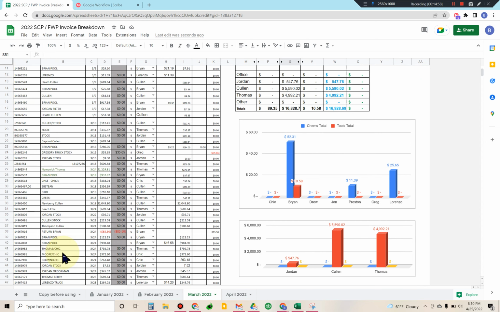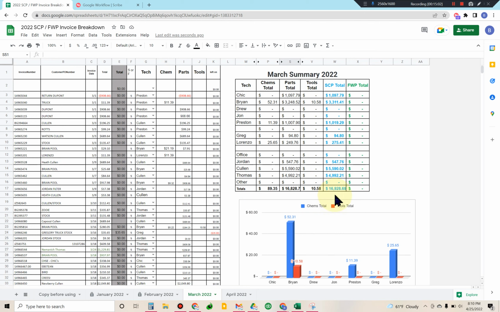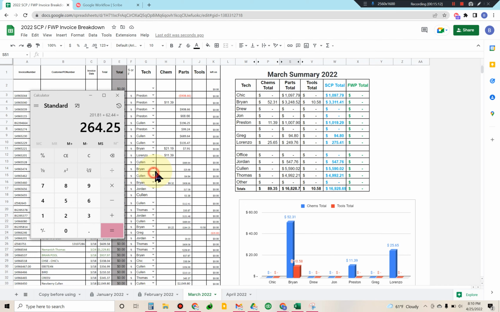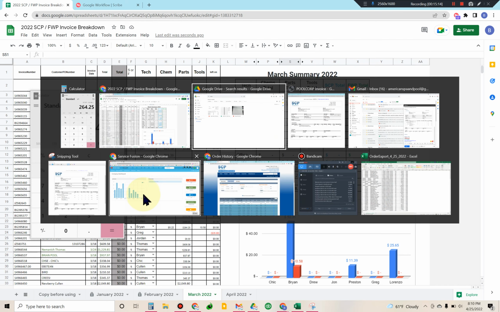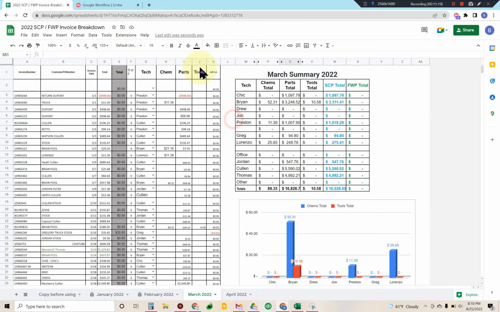Okay, so we've entered all of our SCP and allocated it to everyone. So we want to come over here to our SCP total and see if that matches 16,928.69. So we want to see if that matches what our total was, and let's see if we can find it.